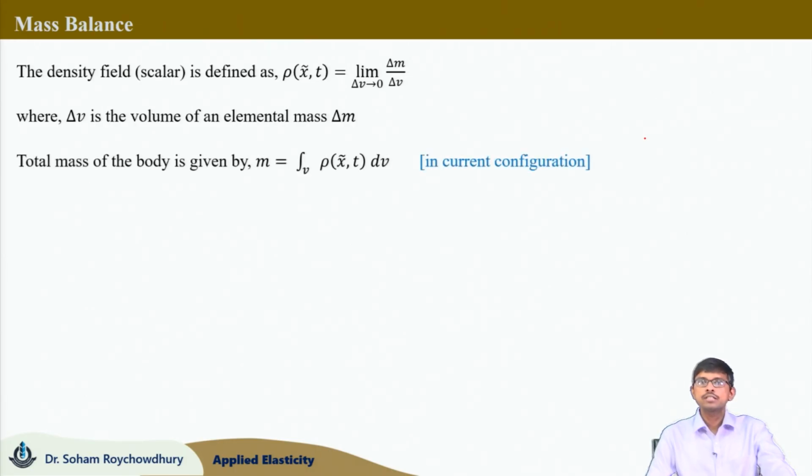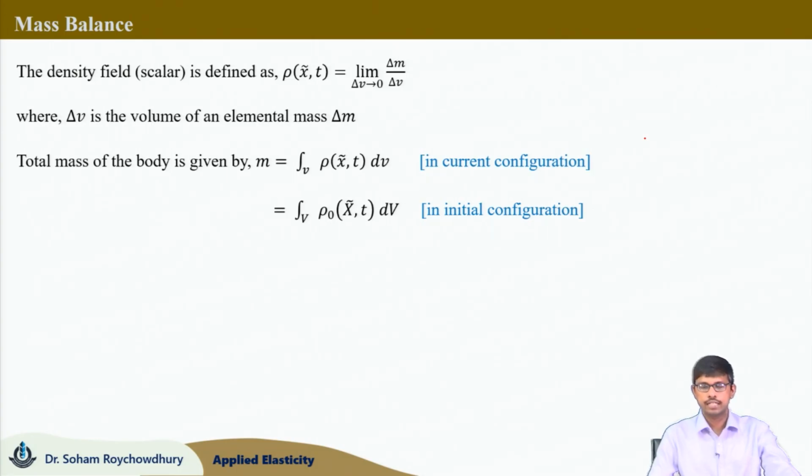Now the total mass of the body can be obtained by integrating rho over the entire volume. If this volume integral is with respect to the deformed volume dv, then we define that mass with respect to the current configuration. If this volume integral is with respect to the undeformed volume dV, then we define the mass as the integral of rho naught(X, t) dV over the undeformed volume in the initial configuration.